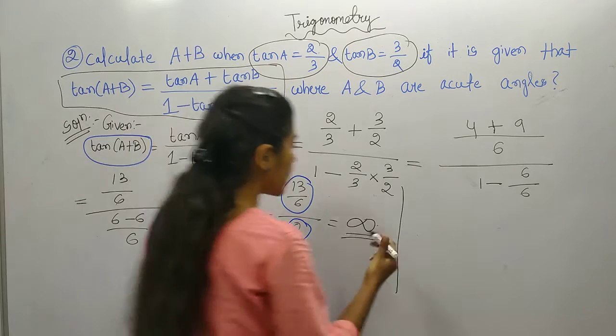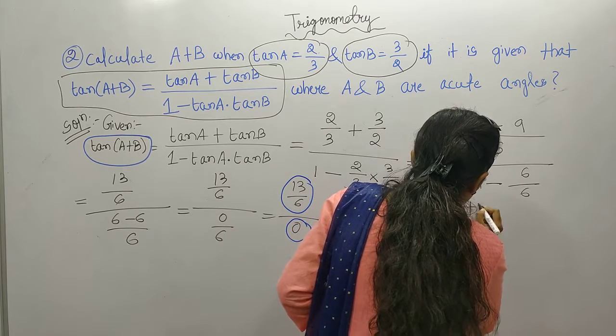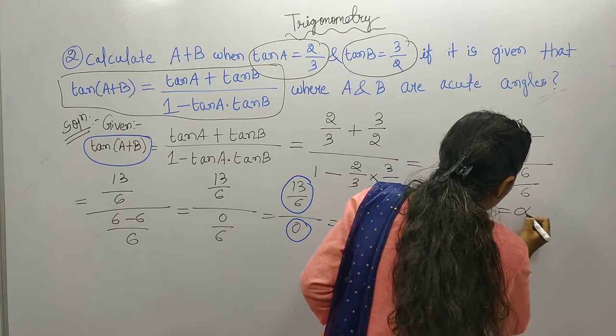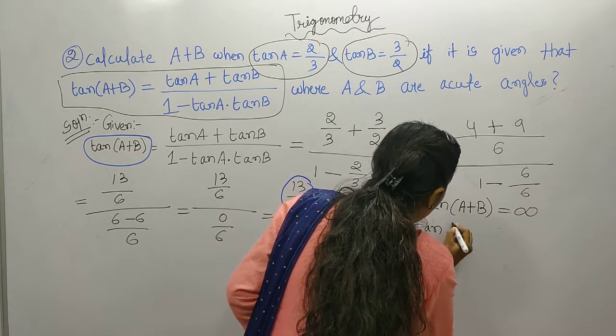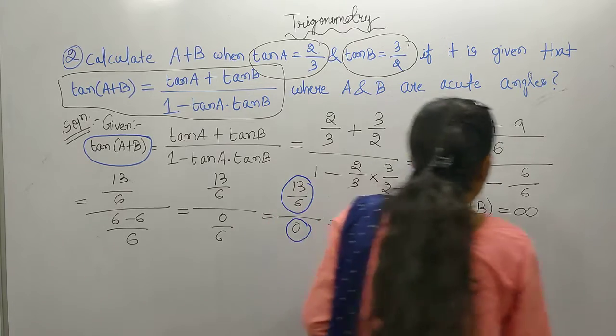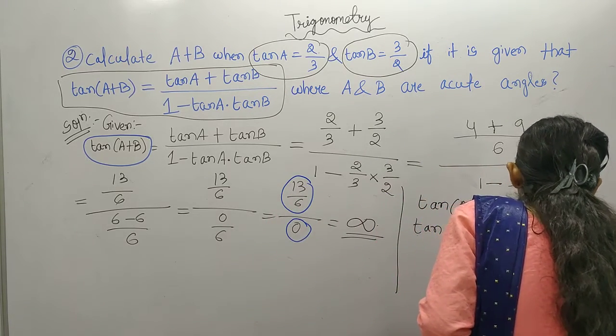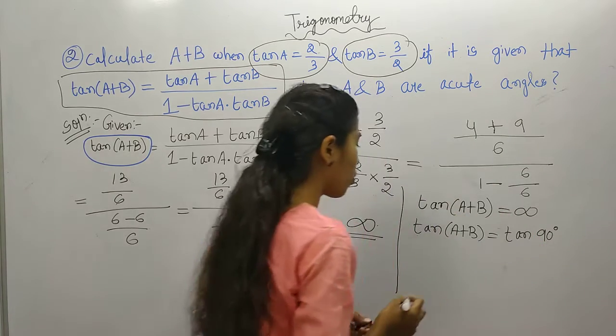Here first you will write tan(A plus B) equals infinity, right? So tan(A plus B) equals, infinity is tan 90 degree, okay?